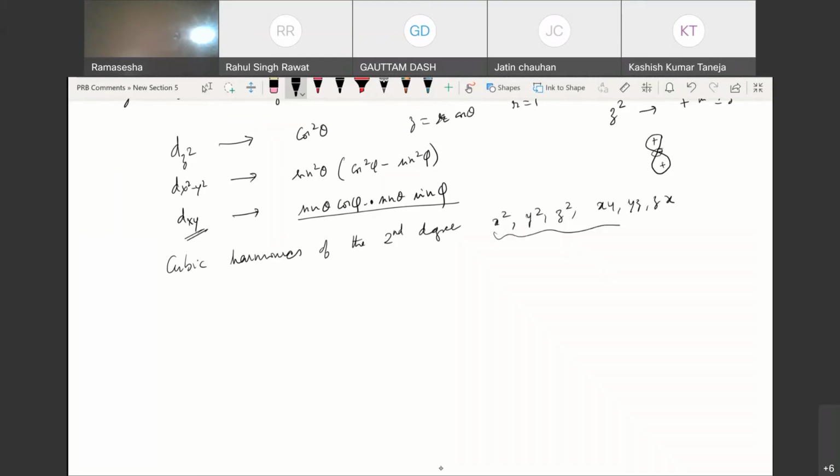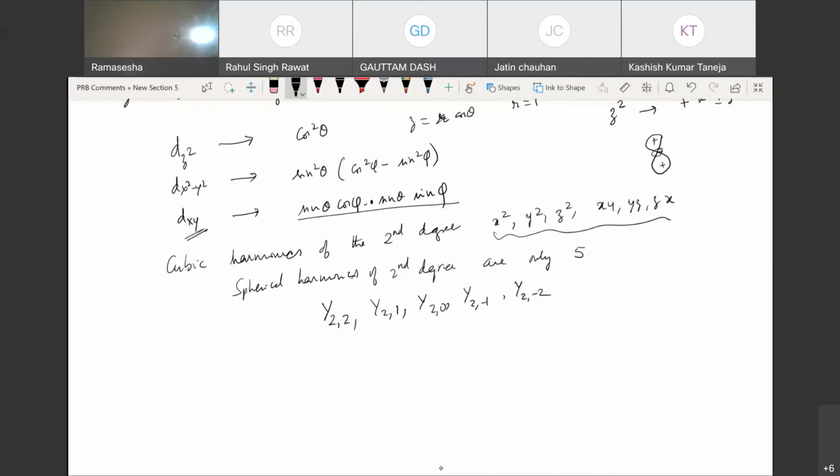But you see that there are only 5, because you only have 5 d orbitals, right? What are those? They are Y_2^2, Y_2^1, Y_2^0, Y_2^{-1}, Y_2^{-2}. So these are the 5 spherical harmonics that you will have.